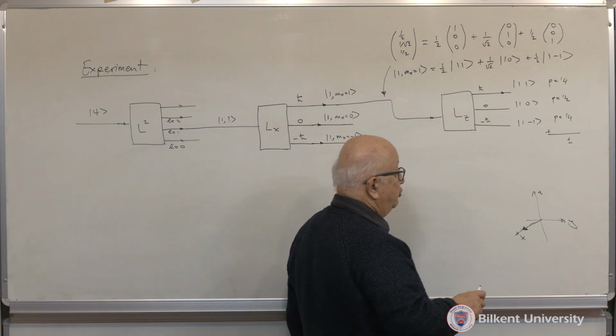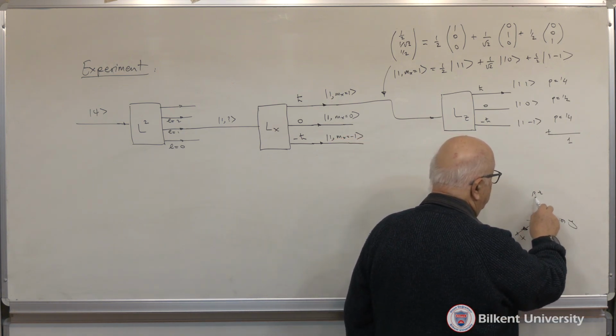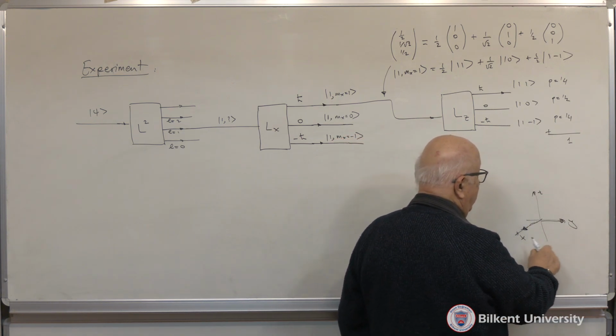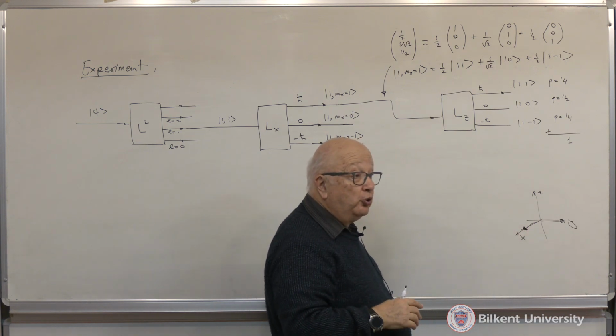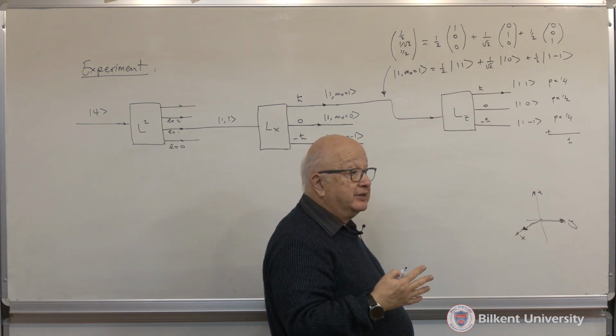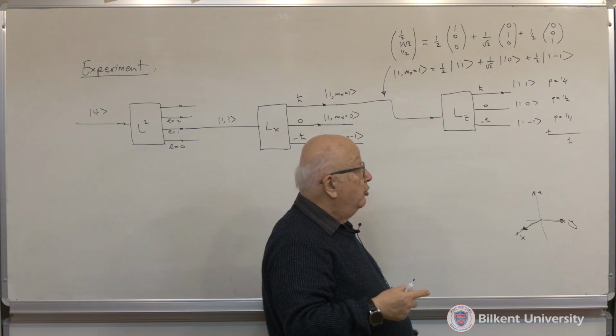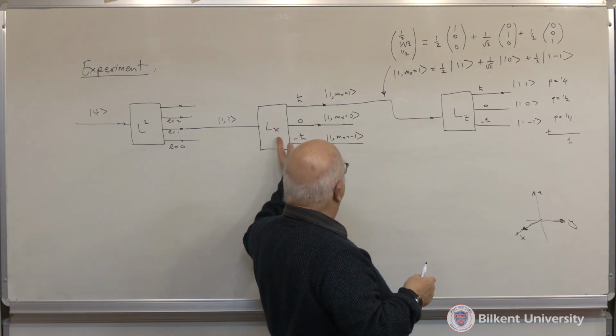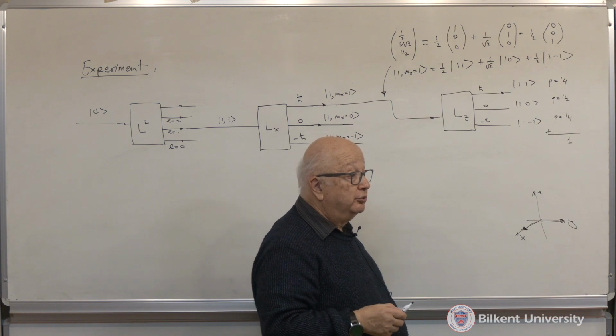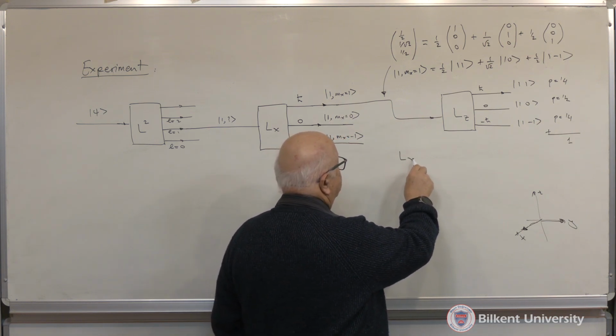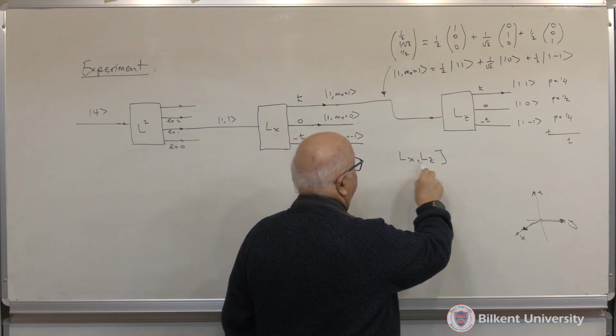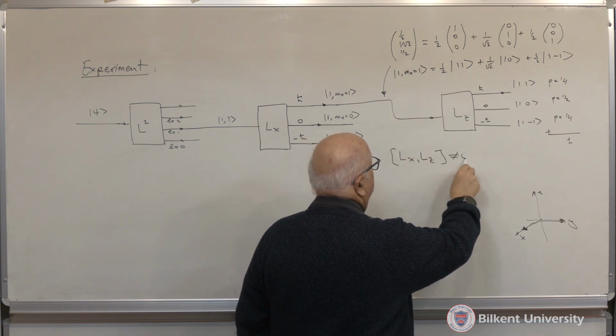If I now try to measure the angular momentum in other components, I no longer know what mx is. Remember that Lx and Lz do not commute. So Lx and Lz are incompatible, so their commutator is not zero.